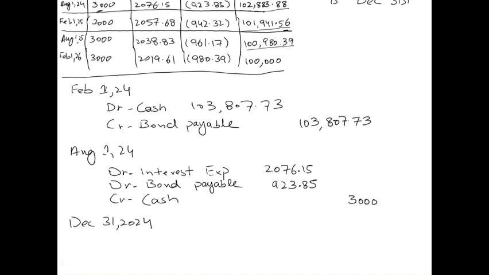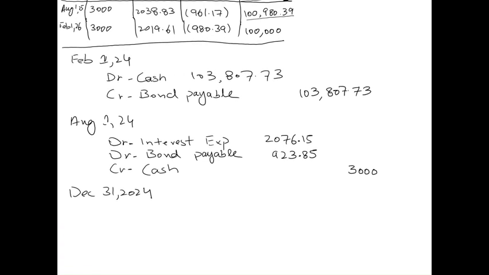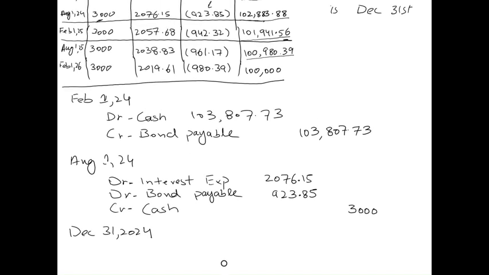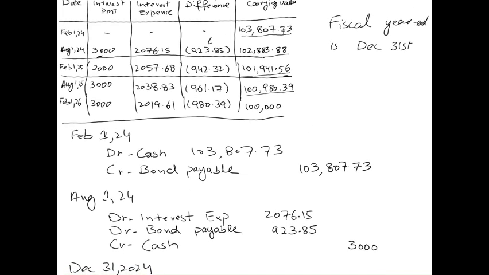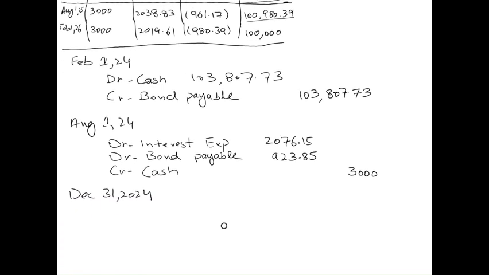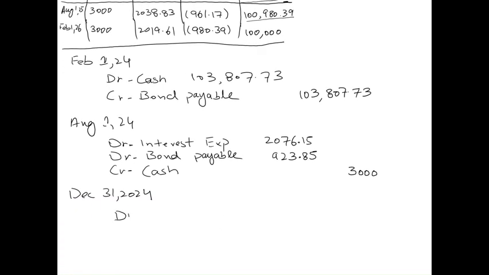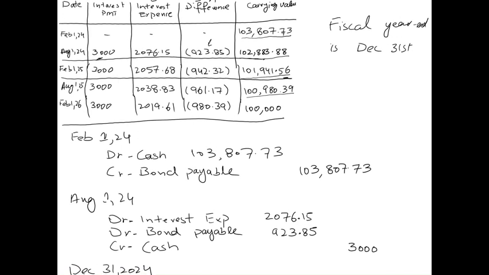So on December 31st, what we need to do is record the interest expense for 5 months. So we'll say debit interest expense, and that will be this amount.